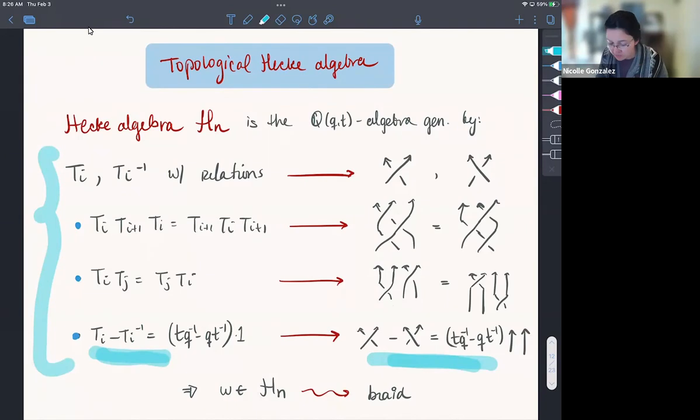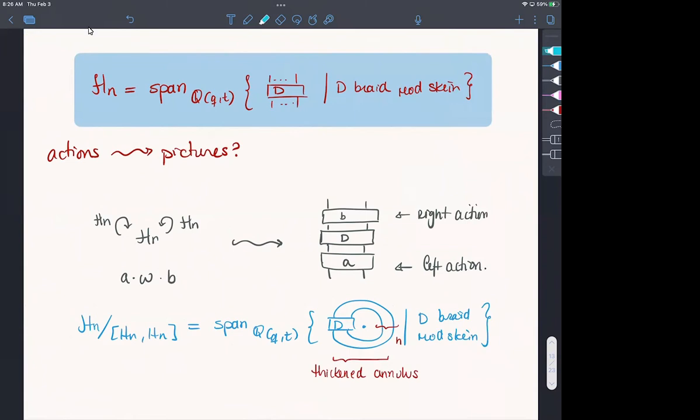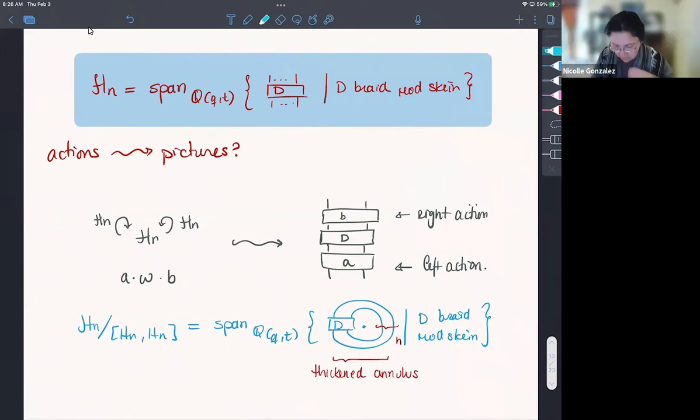Okay, and so going from here, what we want to do is ask how we can construct Vn from this. That's really our goal. We know, based on the previous slide, that Hn is really just the span of diagrams, braids mod the skein relation. One of the things we can do on the AQT algebra is act on the left and on the right by itself.